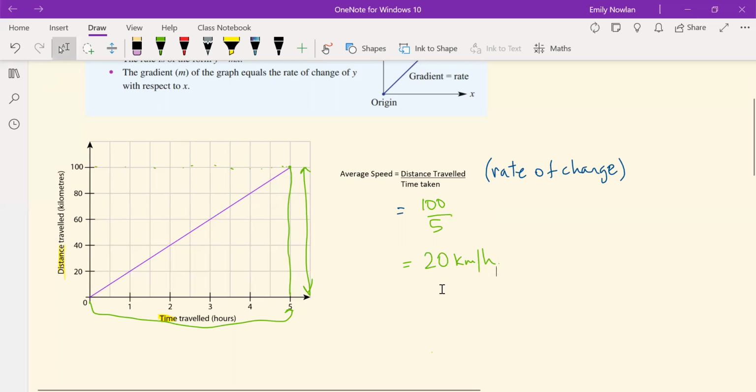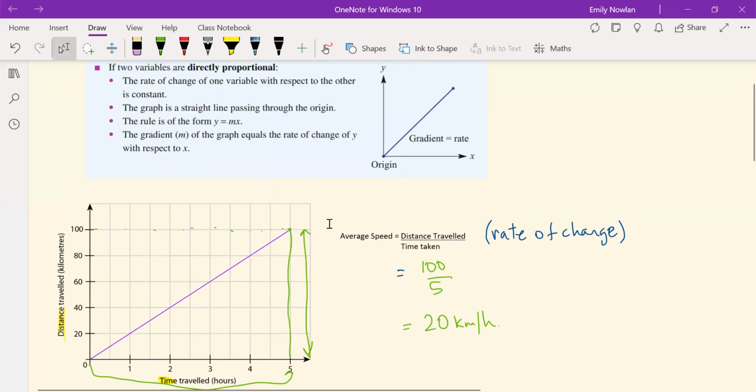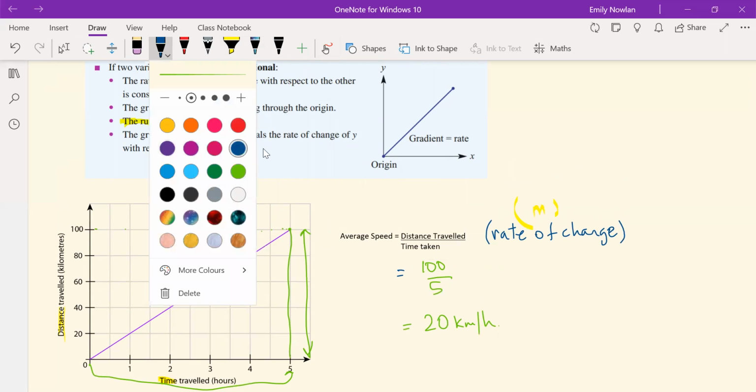Now we can get a rule for this as well. Up here, in the information that was given before about it, which you've hopefully read, it says the rule is in the form y equals mx plus b, and m is the rate of change. So this is the rate of change, or the m. So let's see if we can work out the rule while we're here as well.